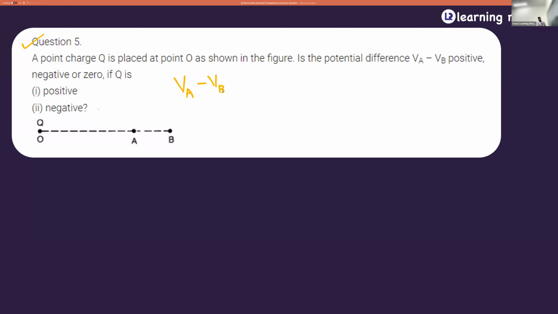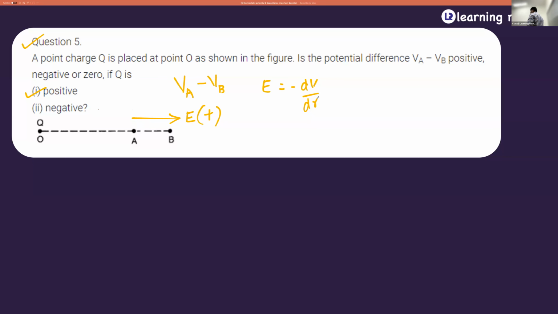Now, let's go with each case. If I take the charge to be positive, due to a positive charge, what is going to be the direction of the electric field? It is going to be away. So this is going to be the electric field if the charge is considered to be positive. And we know the expression E is equal to minus dV divided by dr. What does this minus sign indicate?